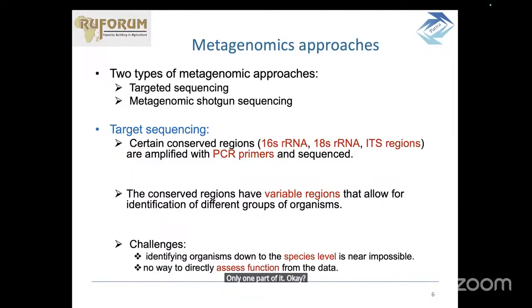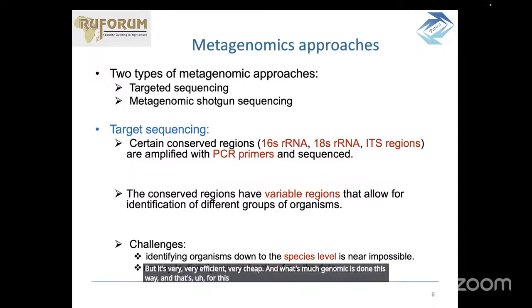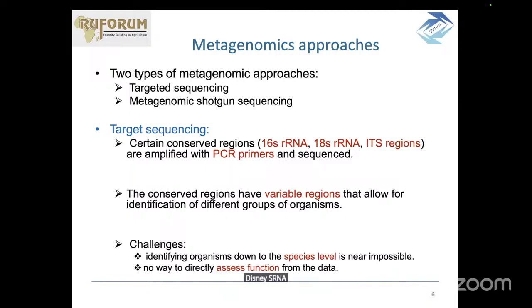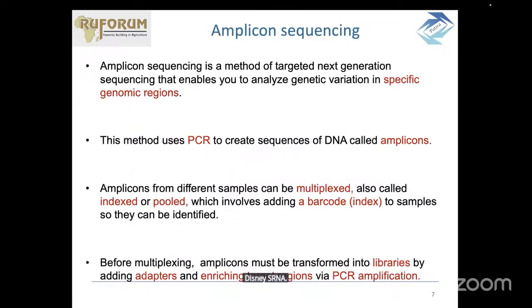So that's the disadvantage of using 16S or 18S rRNA or ITS. But it's very efficient, very cheap, and most metagenomics is done this way. And for this webinar, we're going to analyze data from 16S rRNA. The targeted approach is called amplicon sequencing because you use amplicons.